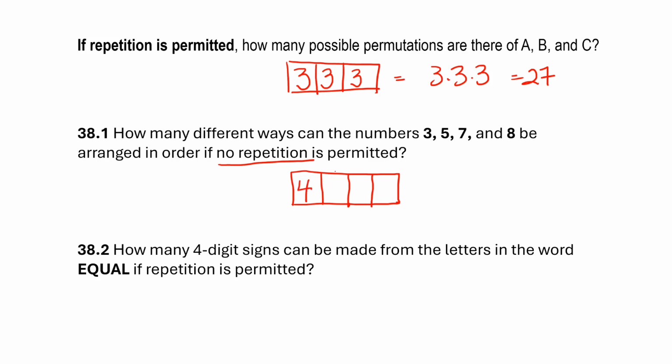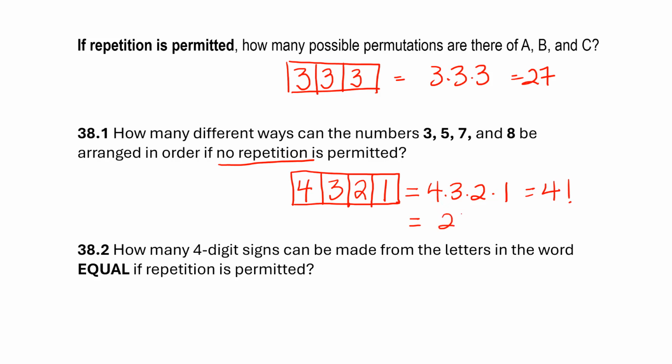Second box, now you only have 3 choices left because you have used one already and there's no repetition. Third box, third position, you have 2 numbers left. And for the final box, there will only be 1 number left. And so 4 times 3 times 2 times 1, or 4 factorial, is the number of ways to arrange those 4 numbers in order without repetition.